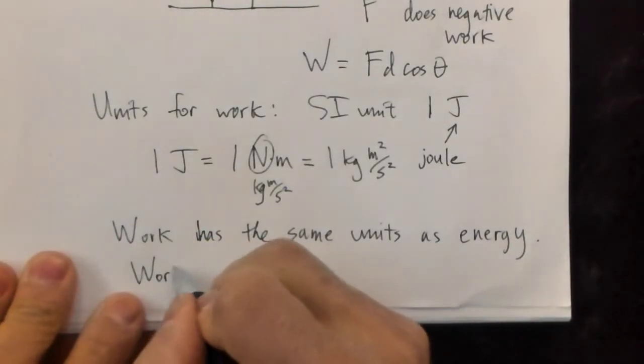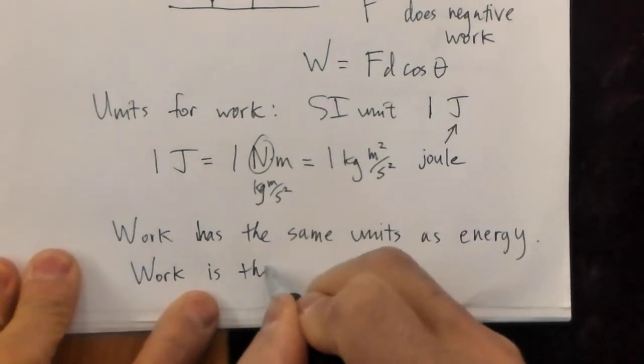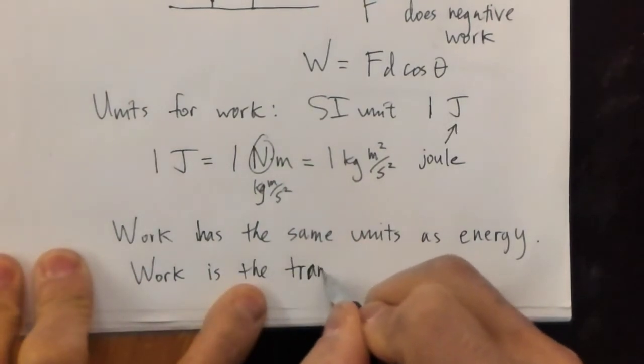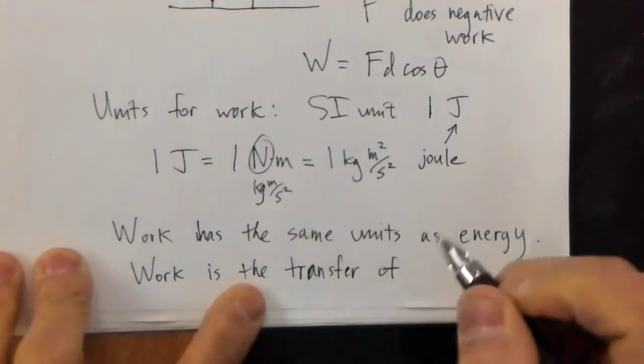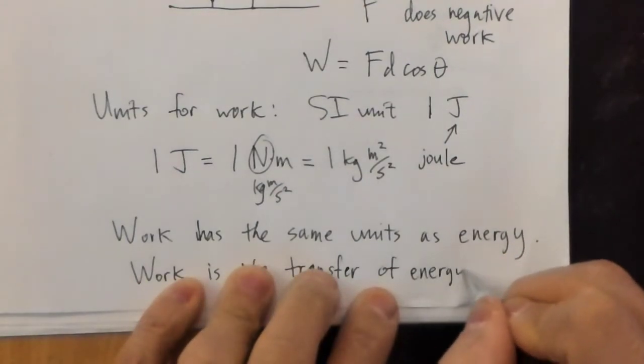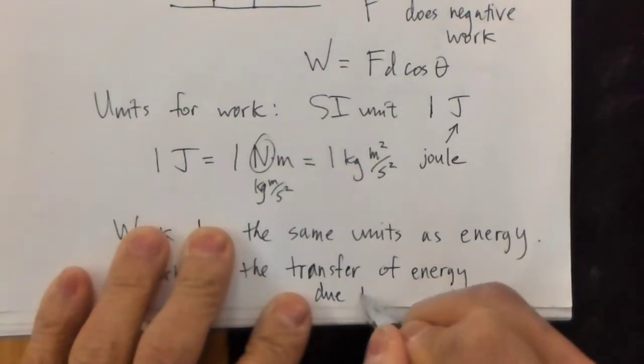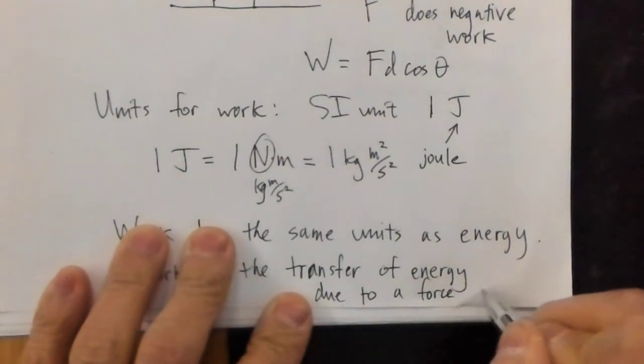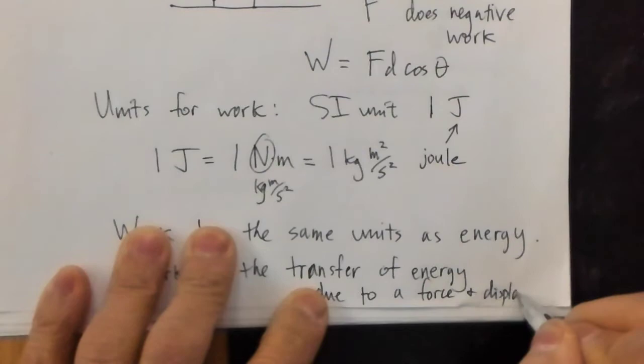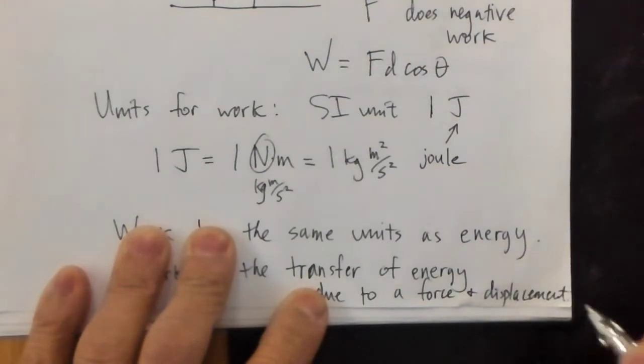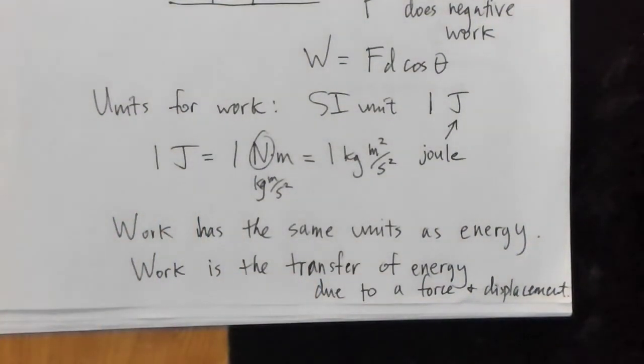Work is the transfer of energy due to a force and displacement. It's a specific kind of transfer of energy. There are other kinds of transfers of energy. Any questions about this? Everybody's good on that?